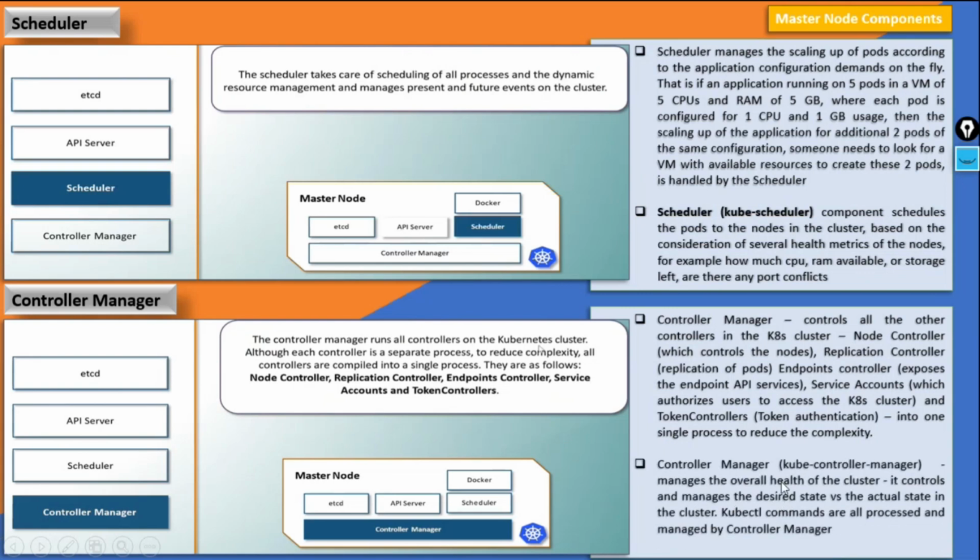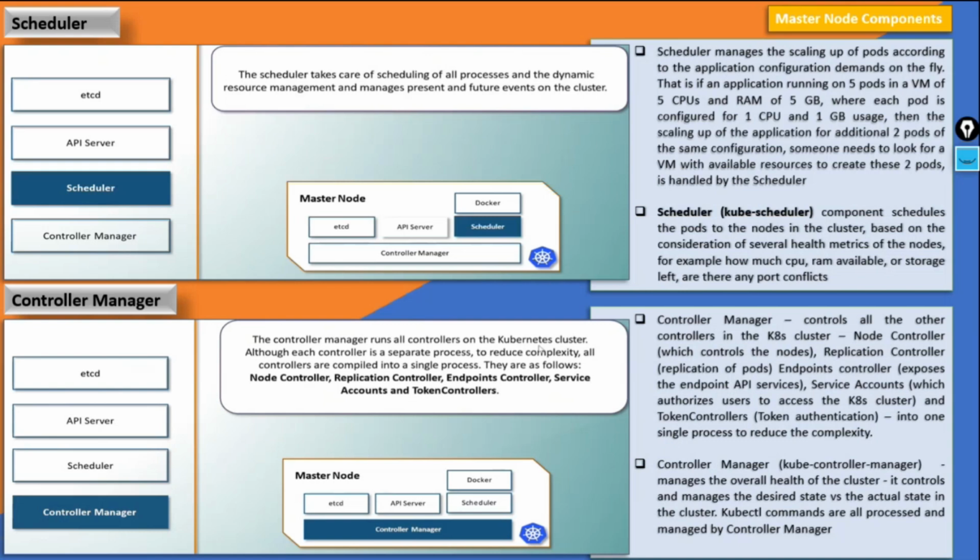The controller manager manages the overall health of the cluster. It controls and manages the desired state versus the actual state in the cluster. Whenever there is a shortfall of the actual state versus the desired state, say the desired state is three replica sets and the actual state says there are two replica sets, what is the difference?